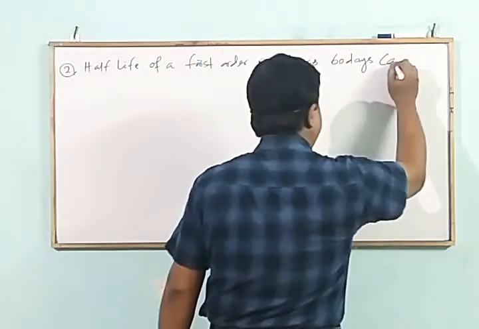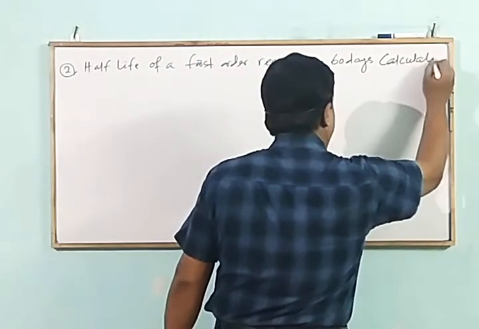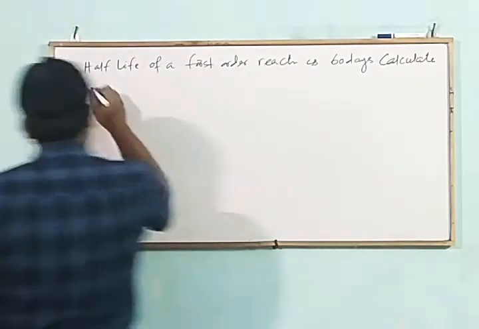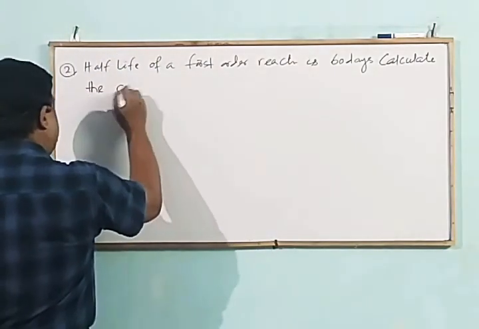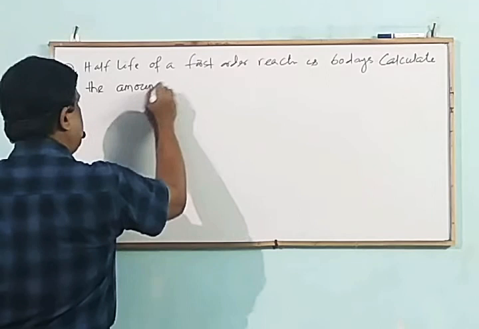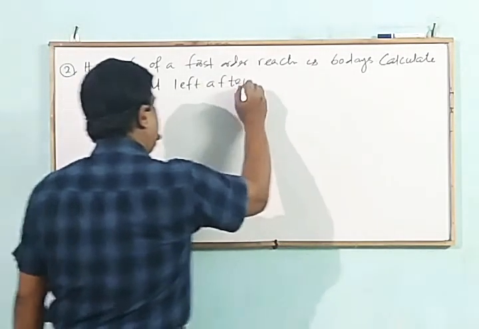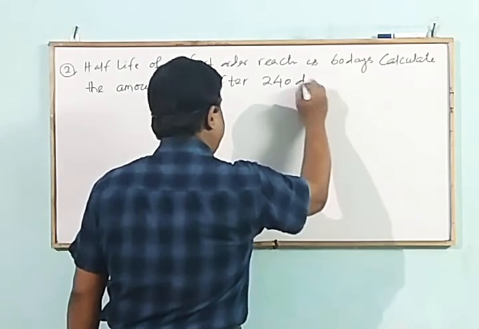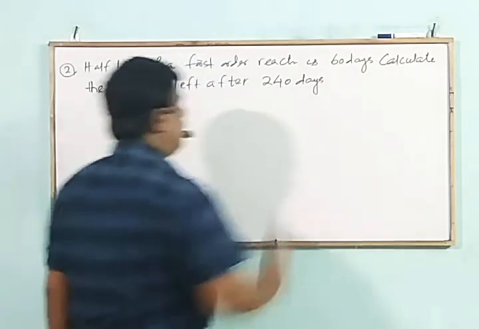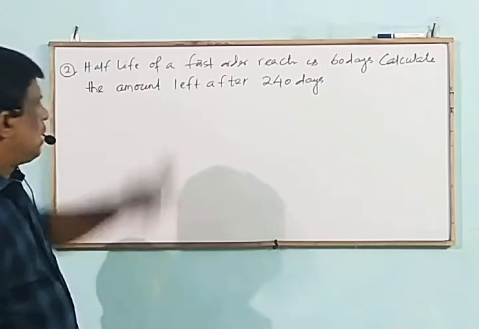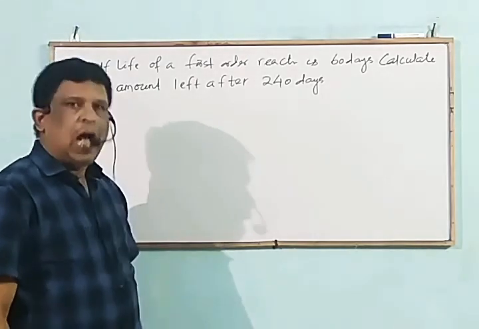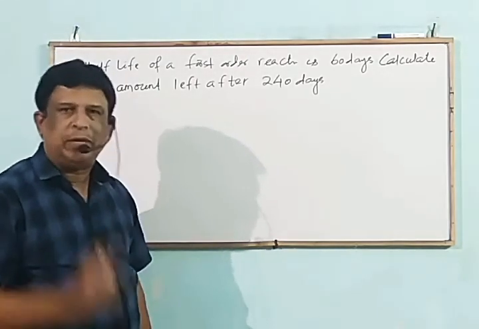Calculate the fraction or calculate the amount left after 240 days. Mark the question. What data are given? Half-life is given and total lifetime is given.